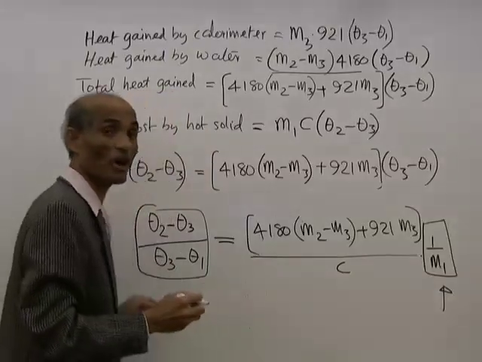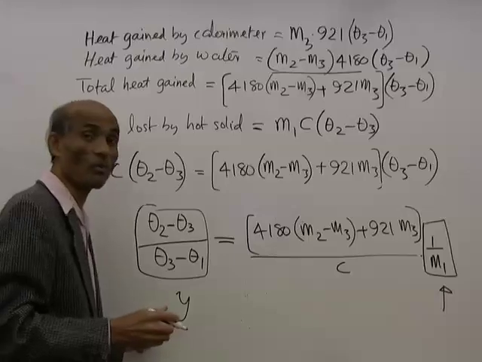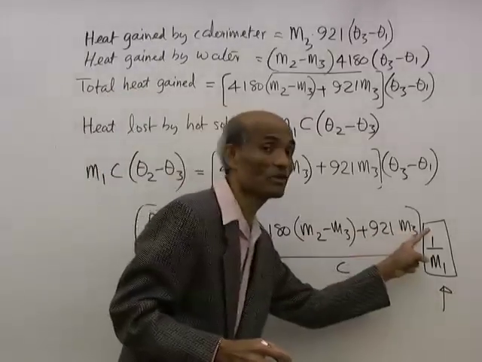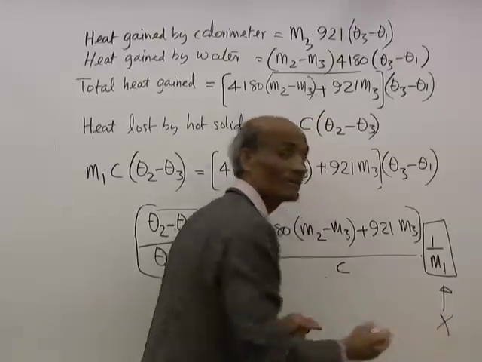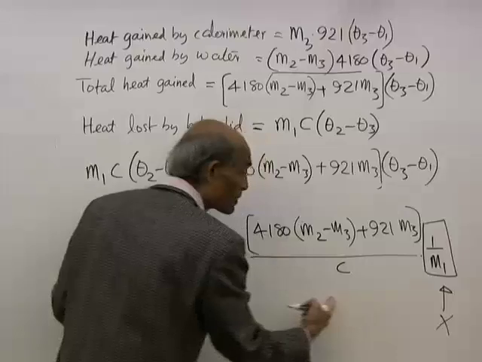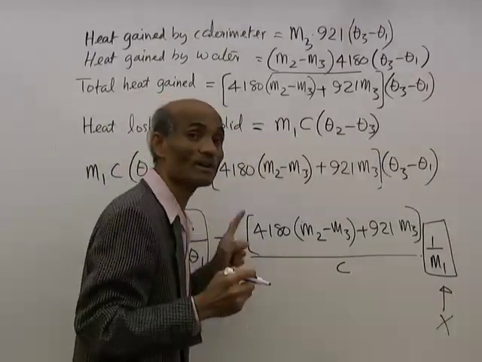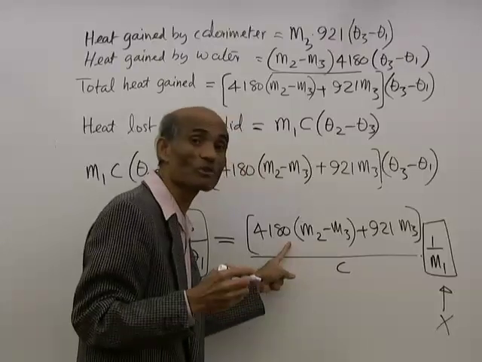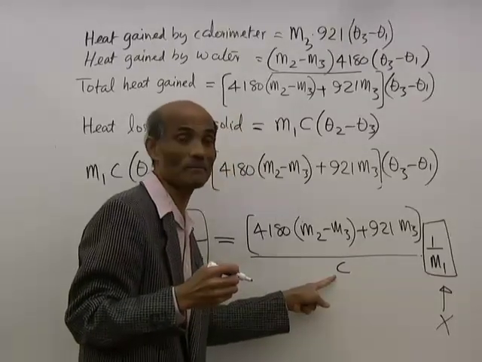So if you draw a graph of this temperature ratio on the y-axis and 1 over M1 on the x-axis, the slope of that graph will be this quantity. And when you measure the slope, make it equal to this quantity and then solve for C.